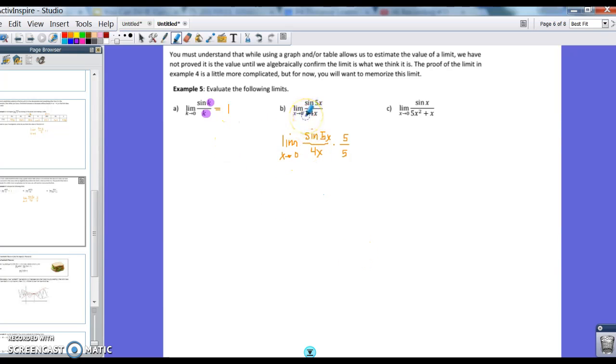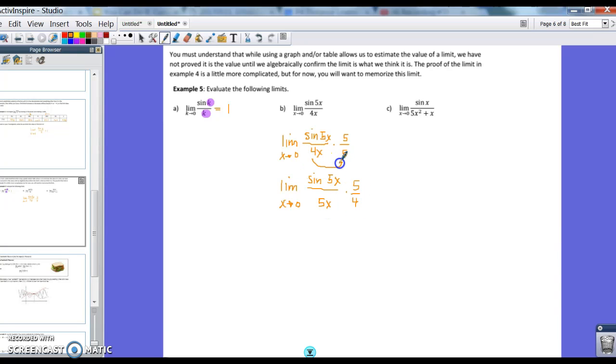And so what I can do then is multiply by 5 over 5, which is going to allow me to move things around a little bit. So I can rewrite this as sine of 5x over 5x times 5 over 4.